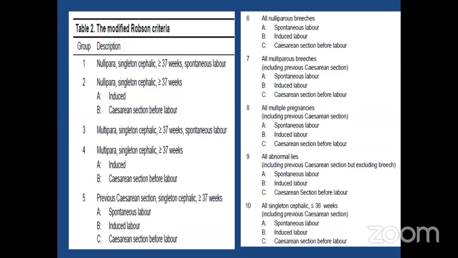And if you can see, the first group is nullipara, singleton, cephalic, more than 37 weeks, and in spontaneous labor. The second group is nullipara, singleton, more than 37 weeks, induced or cesarean section before labor. Maybe there were certain medical indications for cesarean, something like that. And so on and so forth, it goes on till all 10 groups are covered.